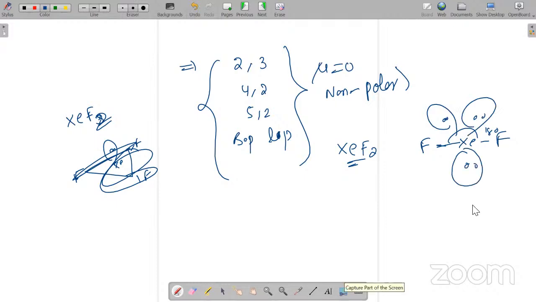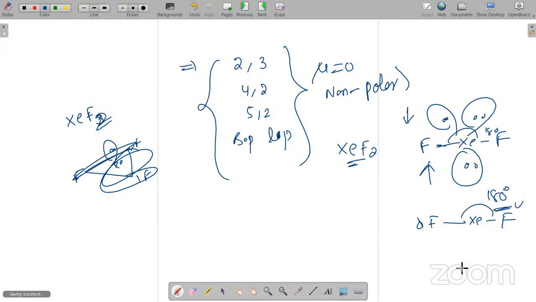They will try to repel each other, and they will become stable. So the bond angle is 180 degrees, and this is also non-polar. I hope you all understand this one.